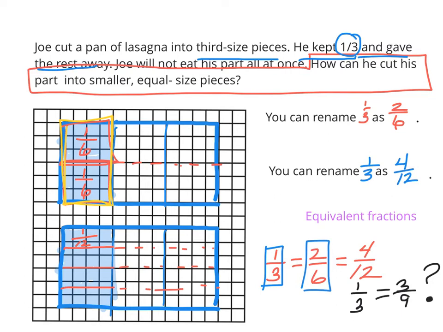A fraction with 9 in the denominator has 3 times as many equal parts as a fraction with 3 in the denominator. So, basically, 1 times 3 equals 3, and 3 times 3 equals 9, so 1/3 does equal 3/9.